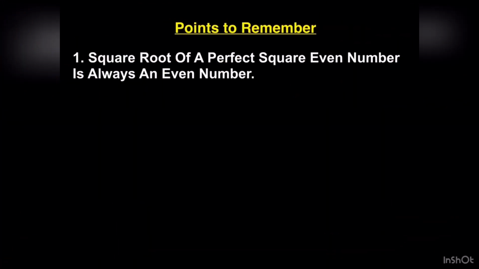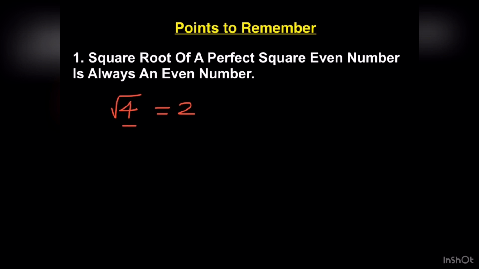Now, let us see few important points. First point, square root of a perfect square even number is always an even number. To understand this, let's see few examples. Square root of 4 is equal to 2.